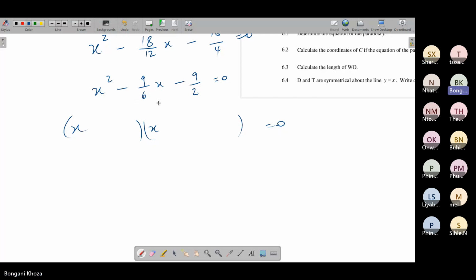So let's see, how can we make 9 over 2? It's a fraction. We can have 9 over 2 times 1. We can have 3 over 2 times 3, like that. Is there something else we can do? Nope. Is there anything else that we can multiply to get this?